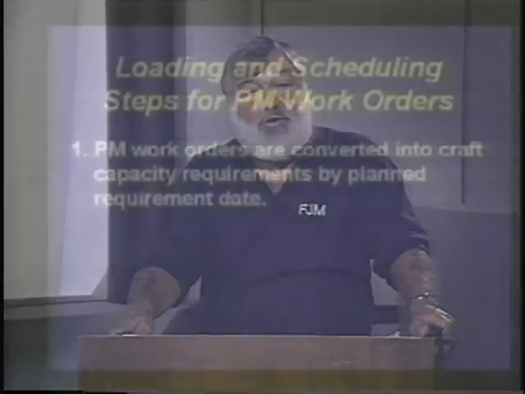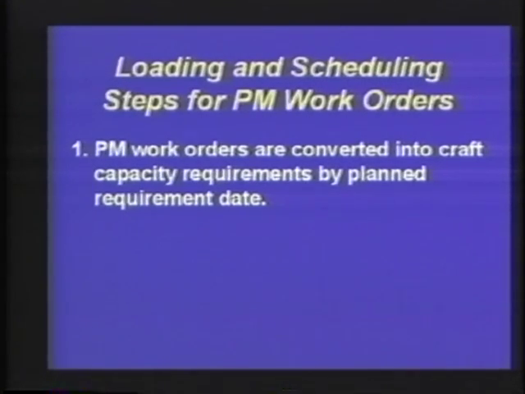The PM work orders are converted into craft capacity requirements. That merely illustrates that if I have an electrical PM activity and it requires 4 hours, then that means that 4 hours of electrician's capacity is going to be removed from the available capacity plan.